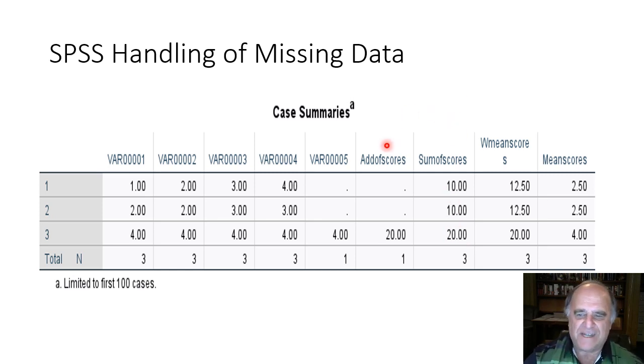Adding up scores in SPSS will return a missing data point for subjects that are missing data. Summing scores will return a score for each subject. But of course, that sum of scores will be based on only the first 4 variables for subjects who are missing the 5th variable. I hope you understand that. I hope you followed along with that. If not, when we get to the discussion, please ask a question.